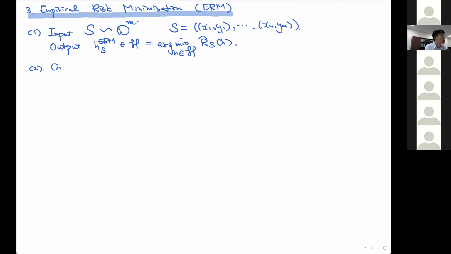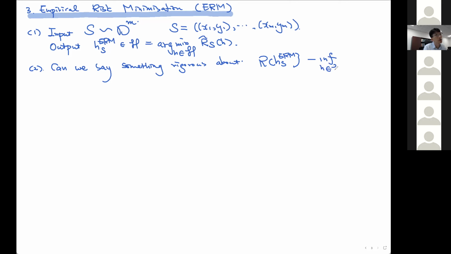The estimation error is going to be R of h_ERM minus the infimum of R of h.